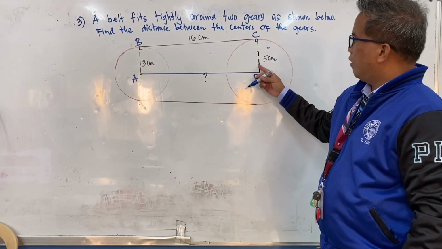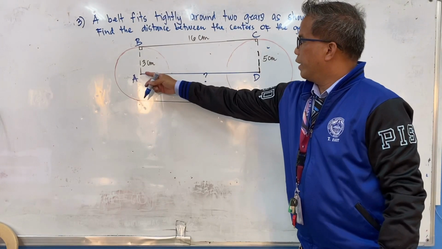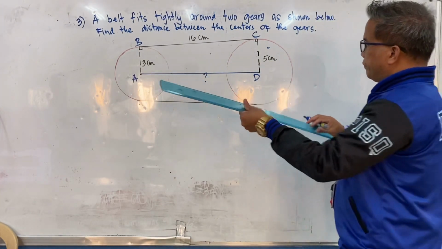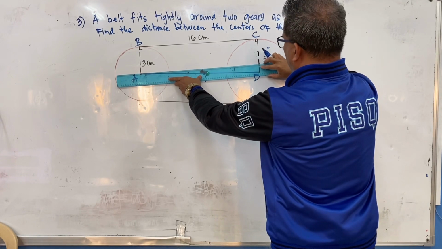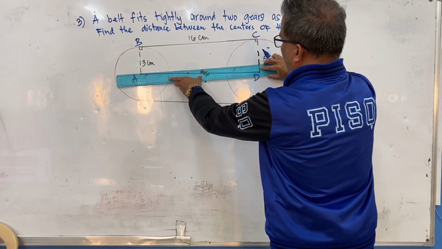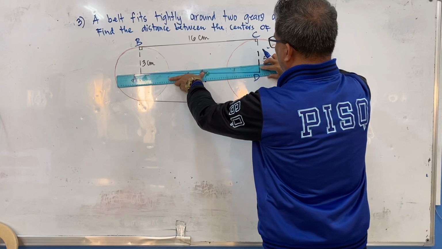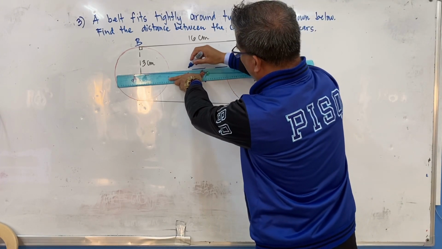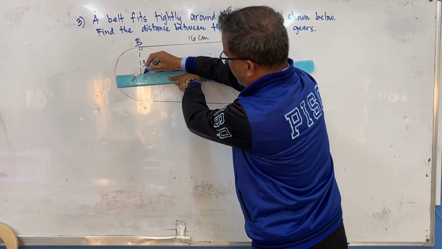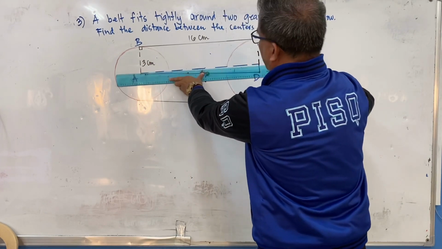We will draw a broken line here, or dashed line, in order to form a rectangle. So from here you can draw a dashed line, like that.